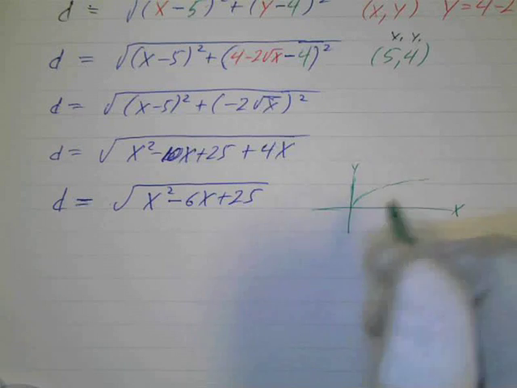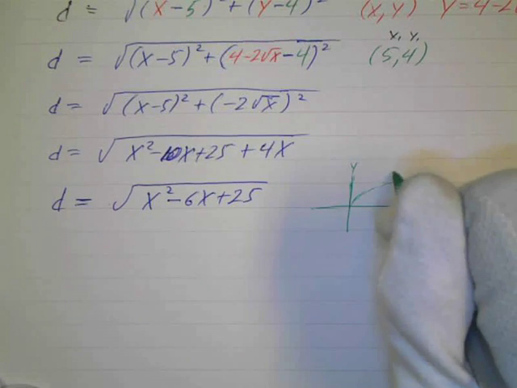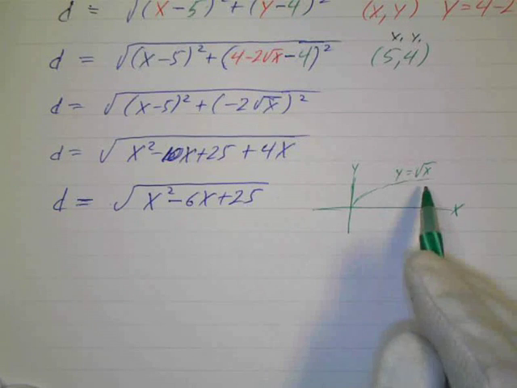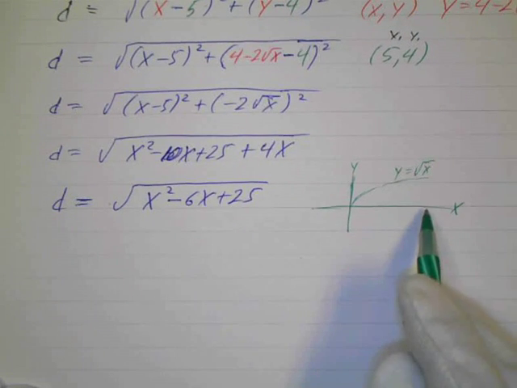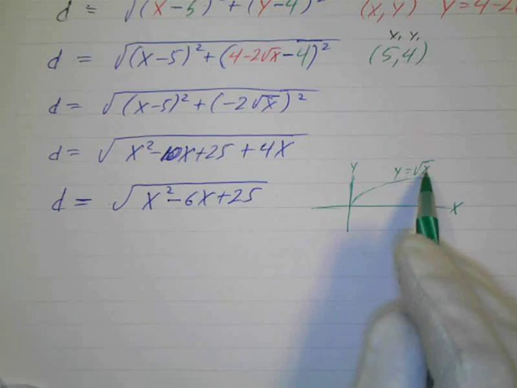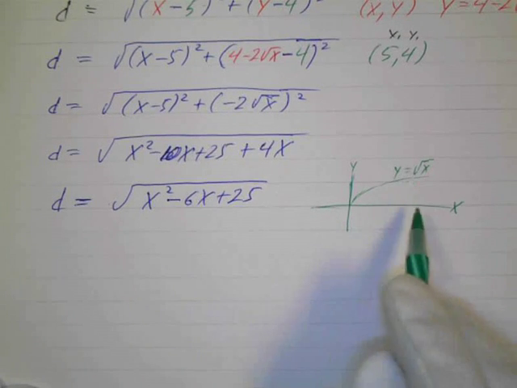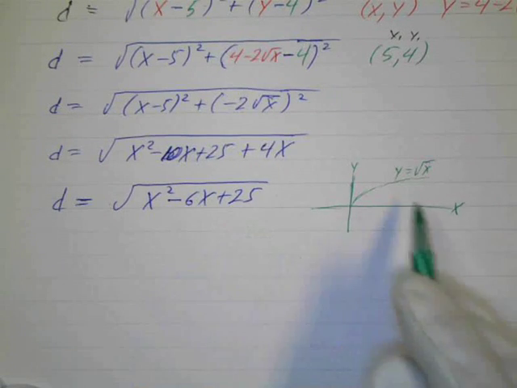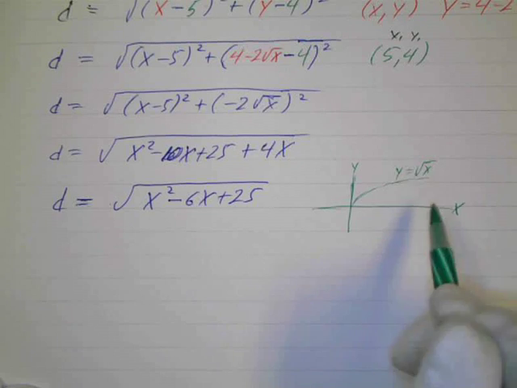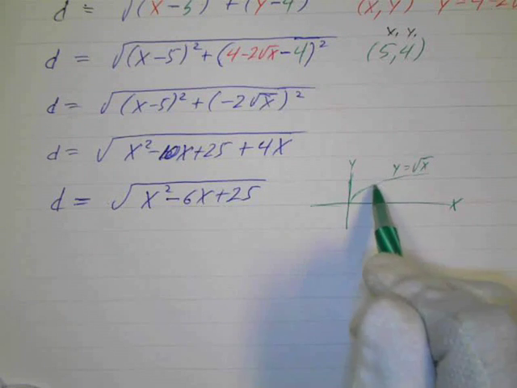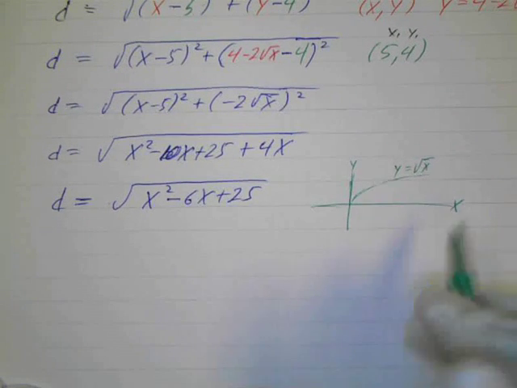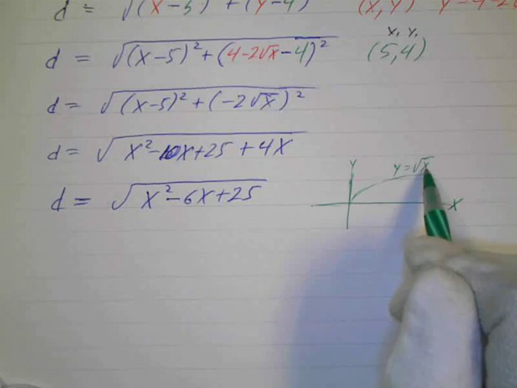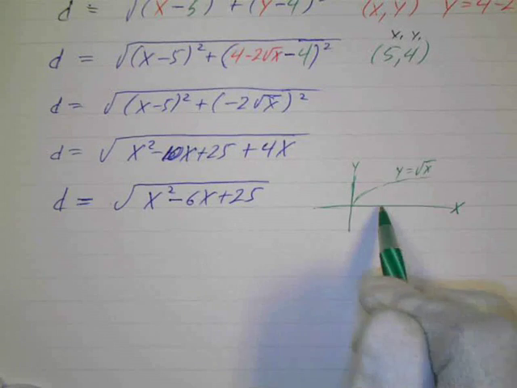So this is y equals the square root of x. We need to notice that as x gets smaller, the square root of x gets smaller. So this is what's inside the radical, and this is actually the square root of this. Since it's monotonic, if I can make x a minimum, that's also going to make the square root of x a minimum, because it gets smaller and smaller.